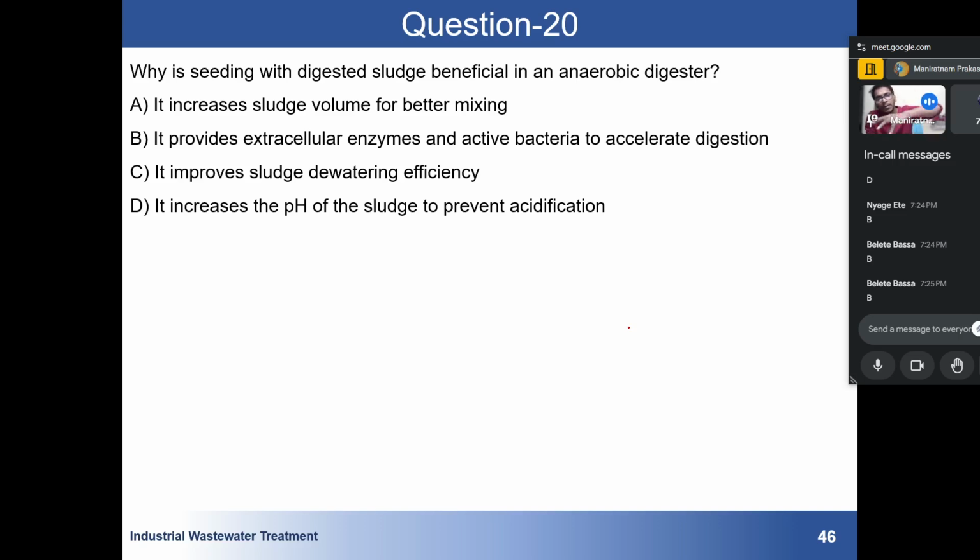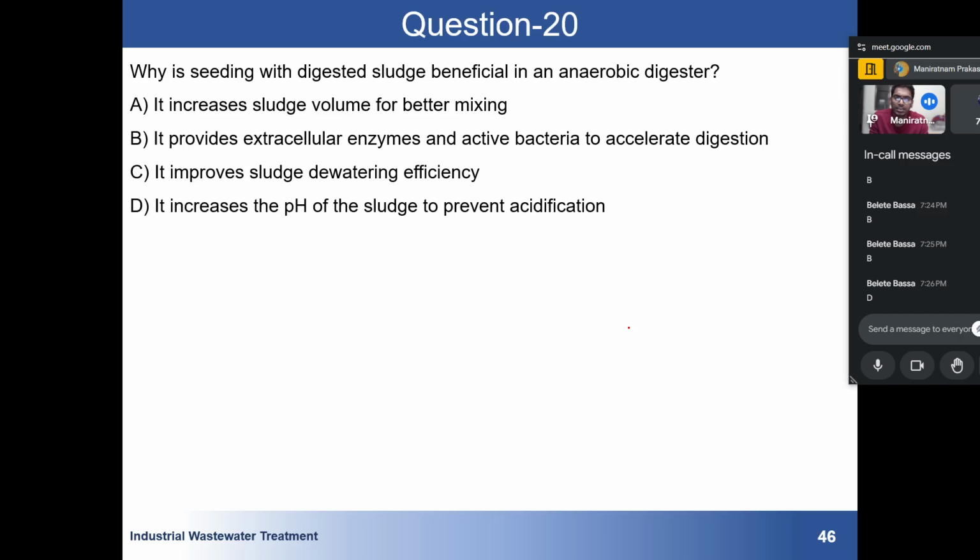In our reactor we add that digested sludge. So why is it done? One answer: D, increase the pH of sludge to prevent acidification.